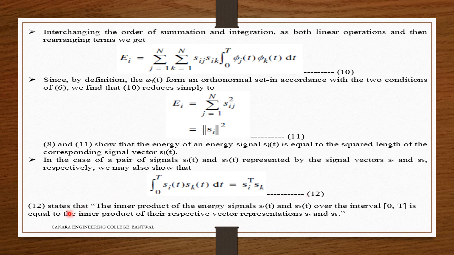Here equation 12 states that the inner product of the energy signals Si of t and Sk of t over the interval 0 to capital T is equal to the inner product of their respective vector representations Si and Sk.